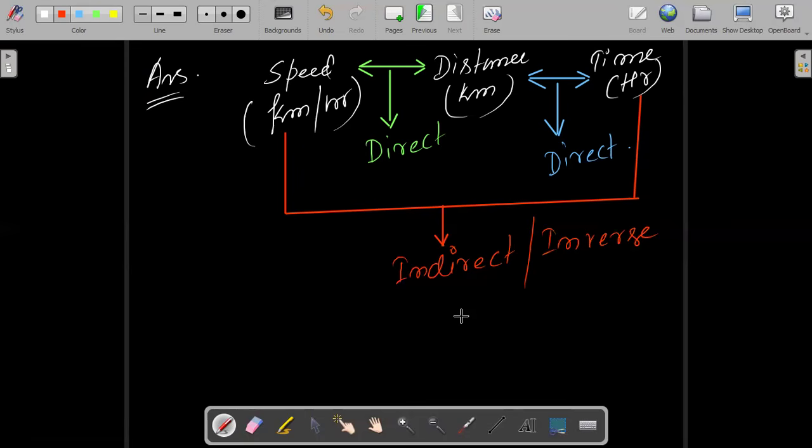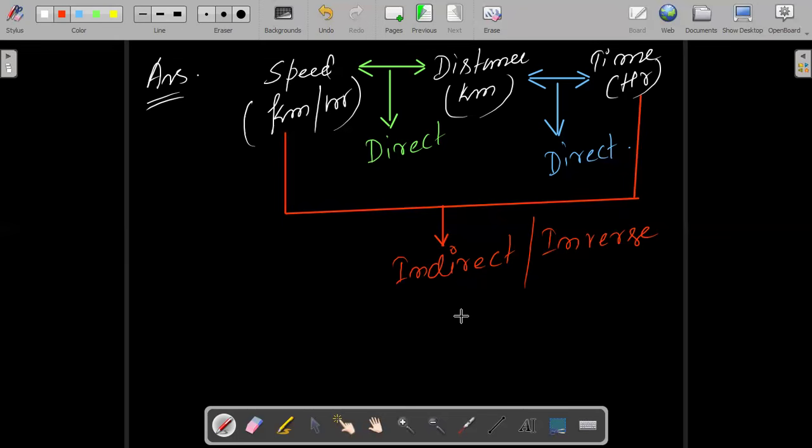Because solving the sum is not merely any mathematical operation, it involves understanding the logical relation between the key elements of any sum. Here the key elements are speed, distance, and time. Unless you identify them, your brain does not recognize the key element in the question. You cannot understand the true essence of the question and you can never solve it.